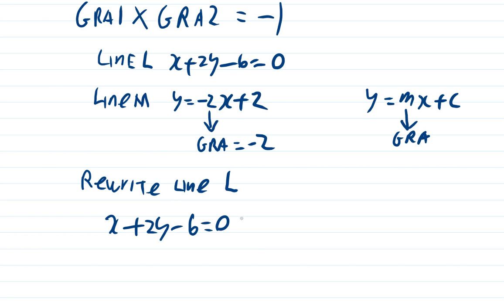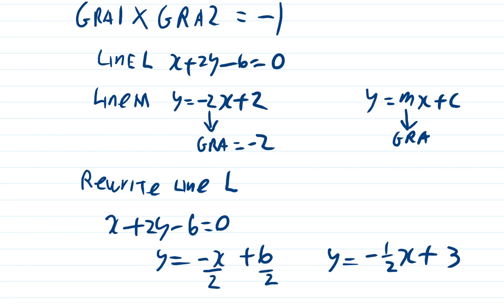If you add 6 to both sides and subtract x from both sides, you're going to have 2y is equal to negative x plus 6. And then you divide by 2. When you divide by 2, we're going to have negative x over 2 plus 6 over 2. So we end up with y equals negative half x plus 3.